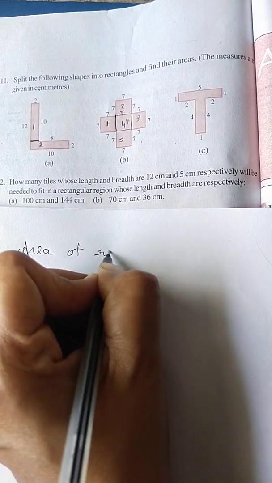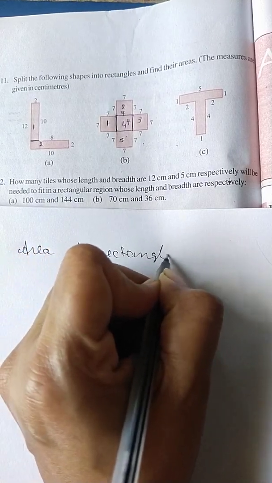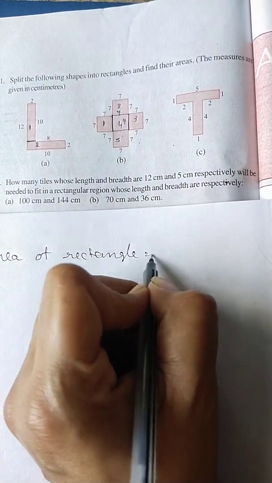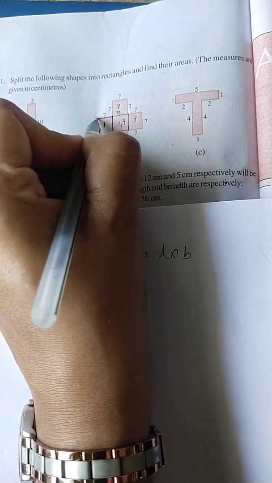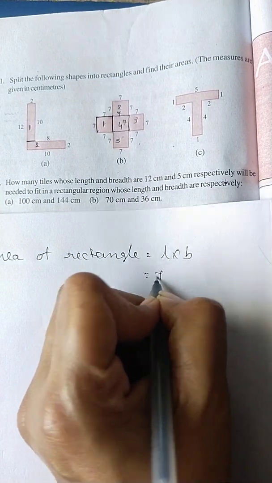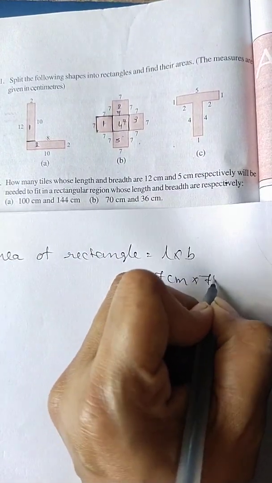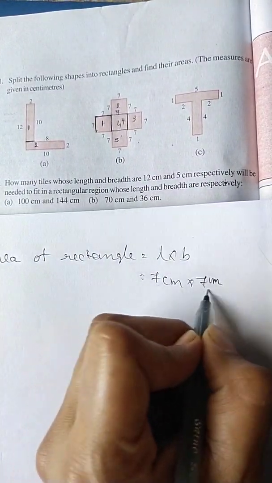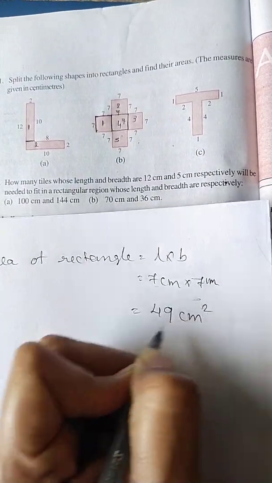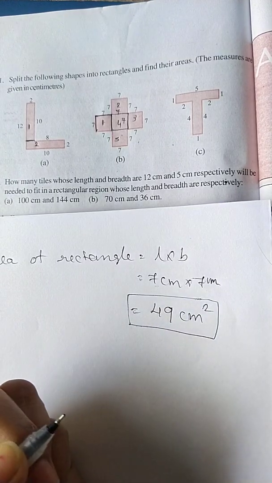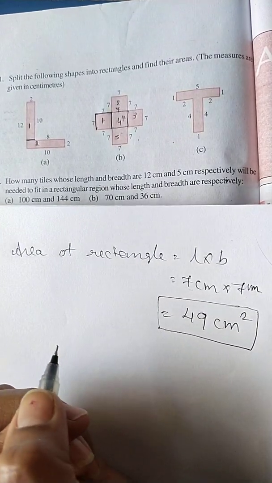Which one is L? First find out. This is 7 and this one is 7. It means 7 centimeter multiplied by 7 centimeter. 7 7s are 49 centimeter square. Is that clear students?